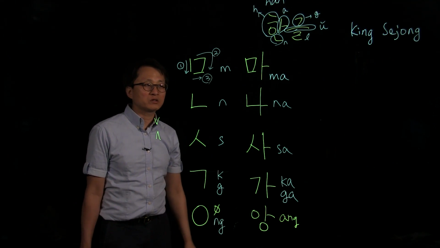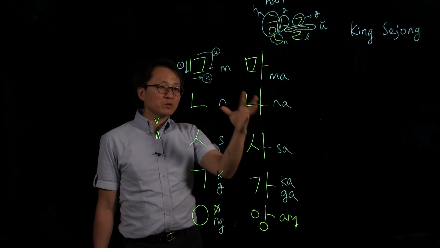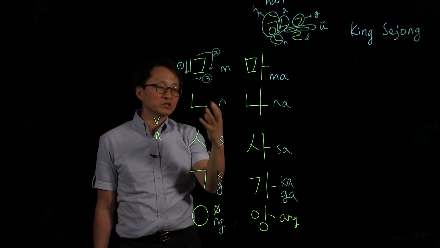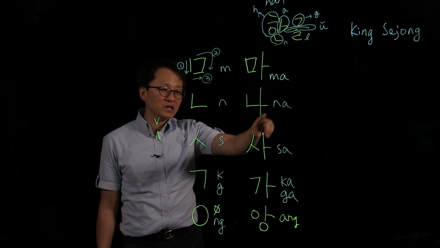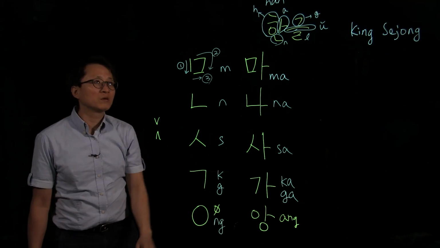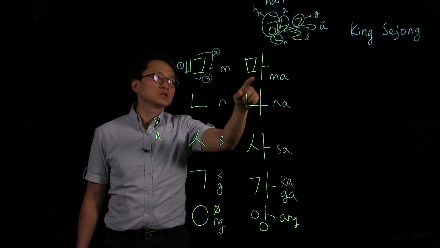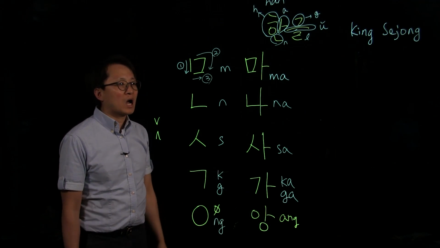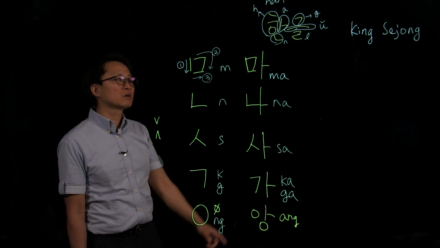So let's read them together again. We cannot pronounce just a consonant by itself, so I just added ah to those basic consonants. And let's read these syllables. So this is ma, ma. Okay.